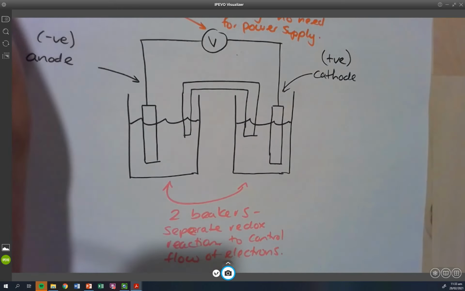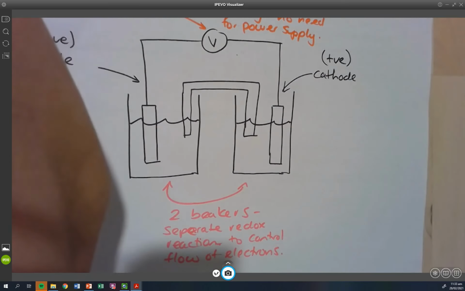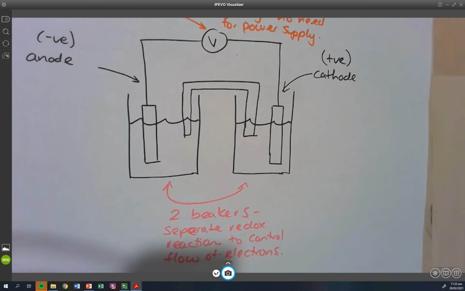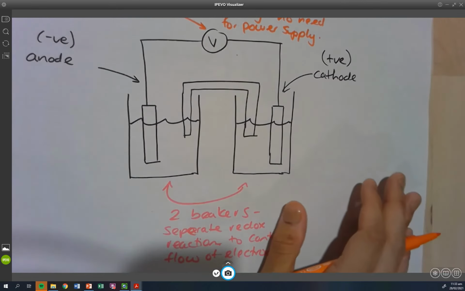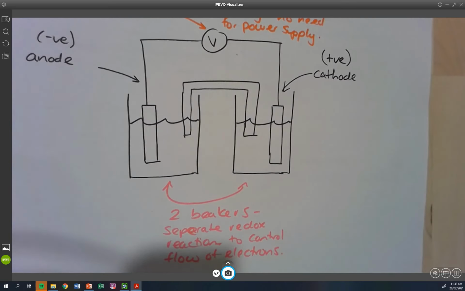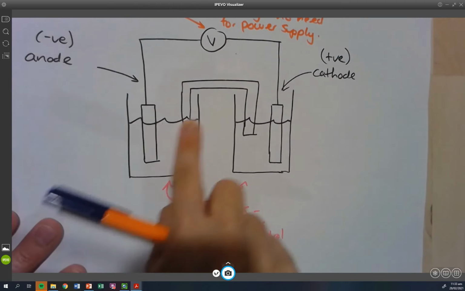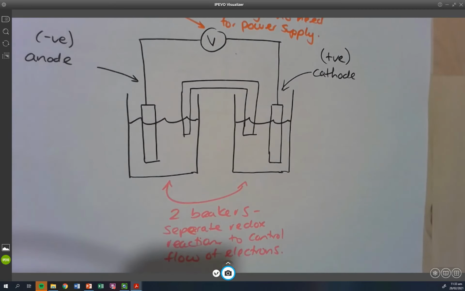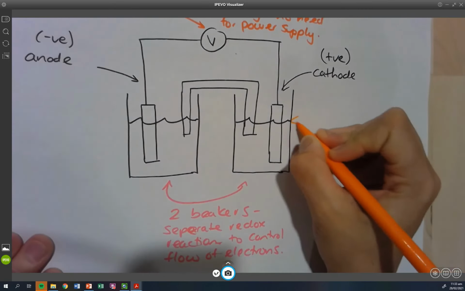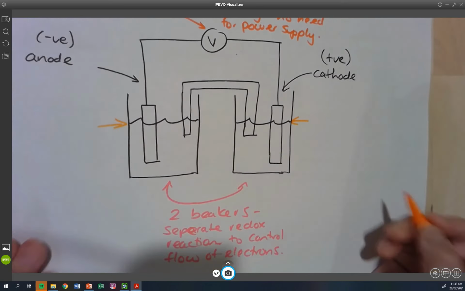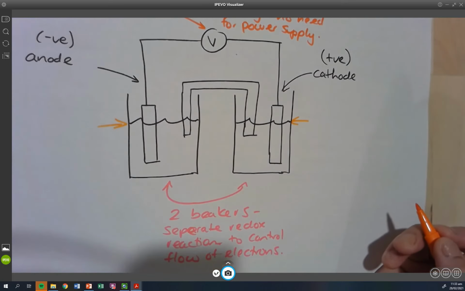Some other things you might have noticed that are similar in this case: I have drawn little squiggly lines here. Those squiggly lines just represent the fact that we have ionic solutions, and these ionic solutions are going to be aqueous in this case.